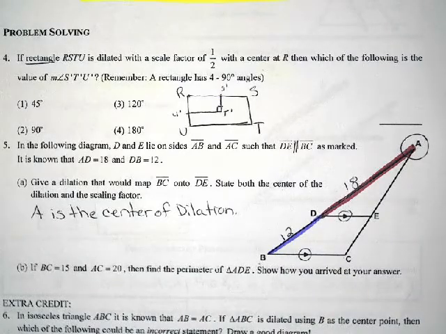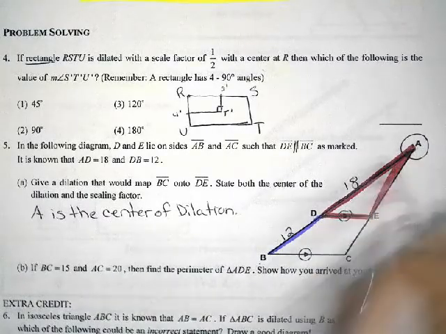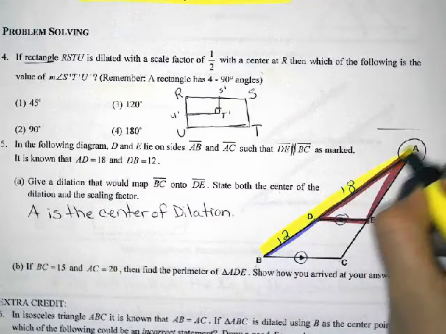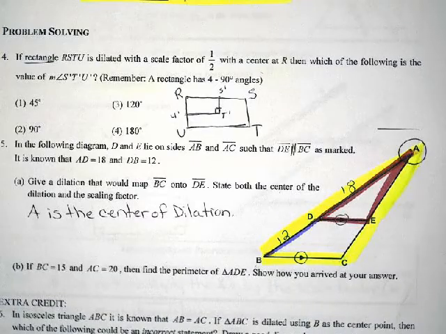Now remember, when we're doing the scaling factor, we talked about the two triangles. So I'm going to finish the small one in pink, but I'm going to redo the big one in yellow. Okay, now remember, when we figure out the scaling factor, it's the original times the scale factor that would give you the dilation. Okay, so the question is, which one of these is the scale factor?